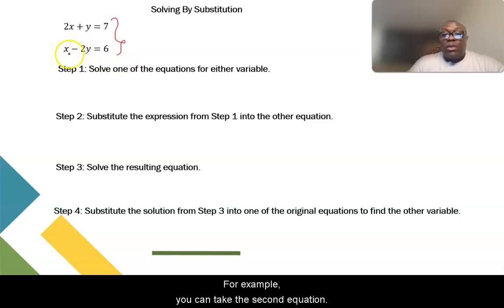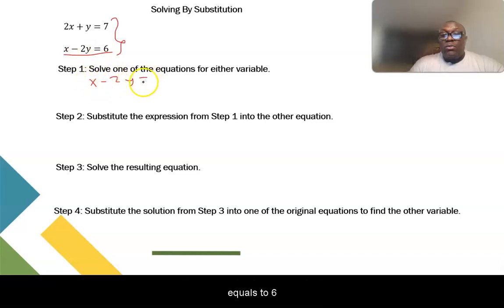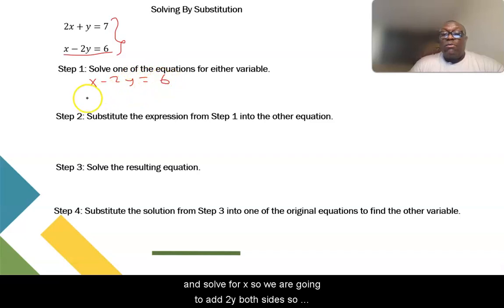For example, you can take the second equation, which has a variable x whose coefficient is 1. So you take x minus 2y equals 6 and solve for x.